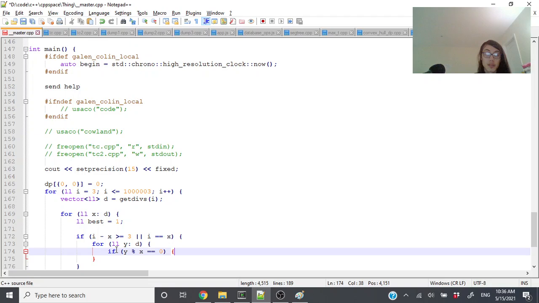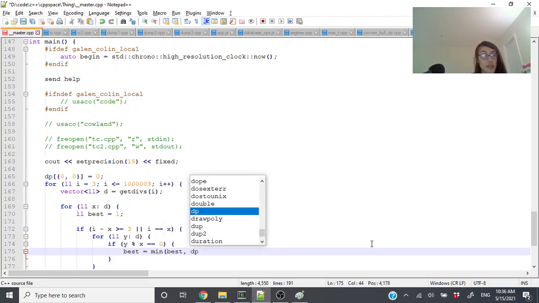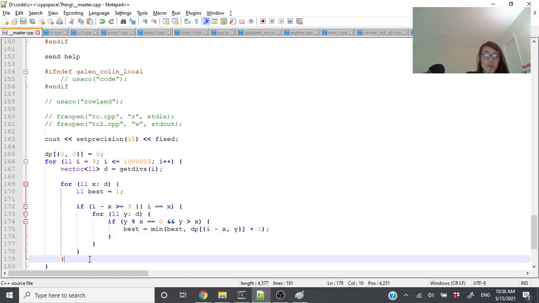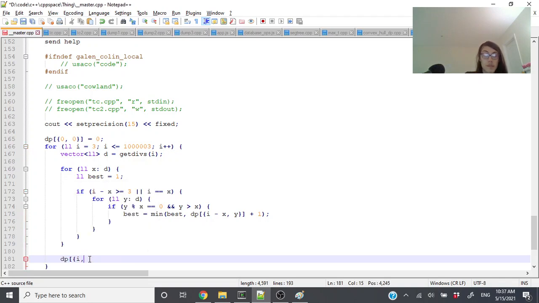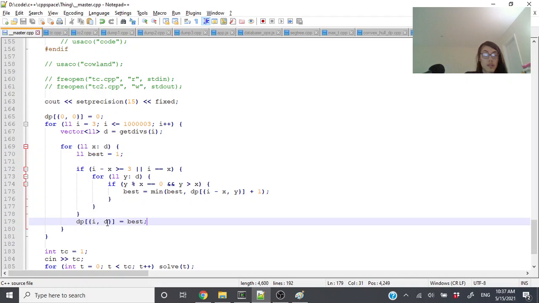If y mod x equals 0, then dp of i, x, no wait, best equals min best dp, so i minus x, and we ask for y. Best.